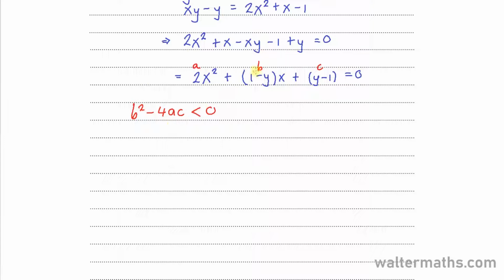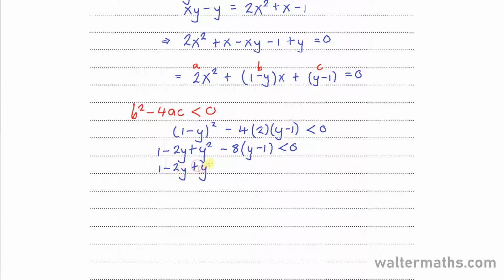Right, so b squared minus 4ac, that's (1 minus y) squared minus 4 times 2 times (y minus 1), and it's going to be less than 0. Okay, so let's simplify. That's 1 minus 2y plus y squared minus 8 of (y minus 1) is less than 0. So that's 1 minus 2y plus y squared minus 8y plus 8 is less than 0.